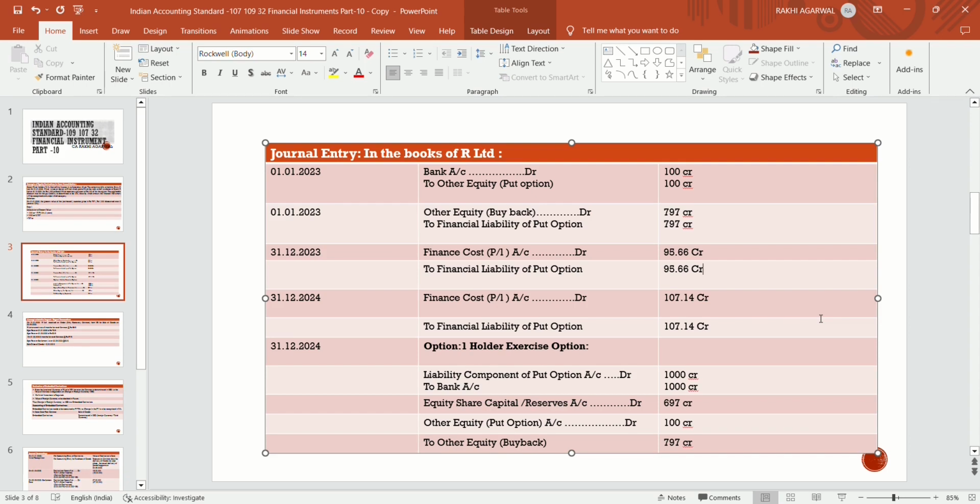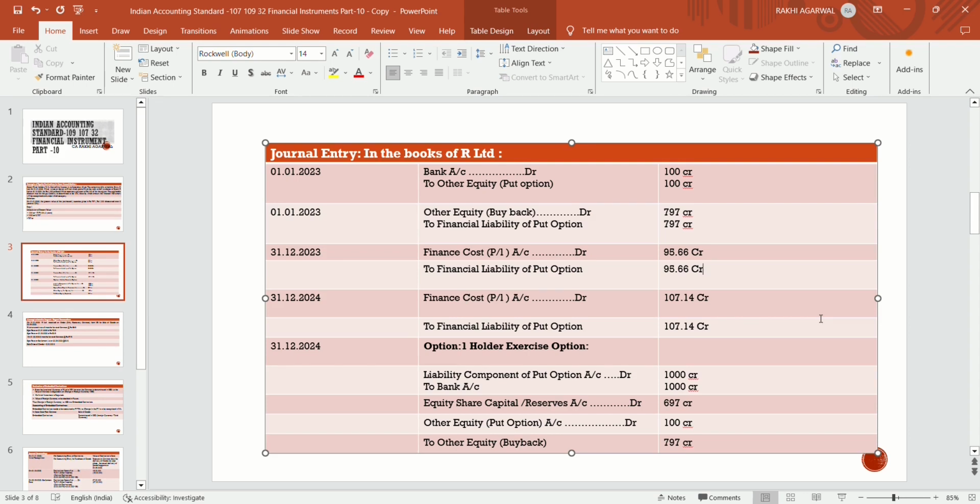Now how is the accounting entry to be made in case of other equity lying in the books, other equity buyback and other equity put option? Other equity buyback, which was debited earlier, is to be credited, and other equity put option, which was credited earlier, is to be adjusted with that, and the remaining amount, the balancing figure, is to be transferred to equity share capital or reserve.